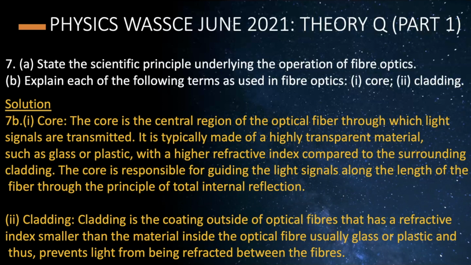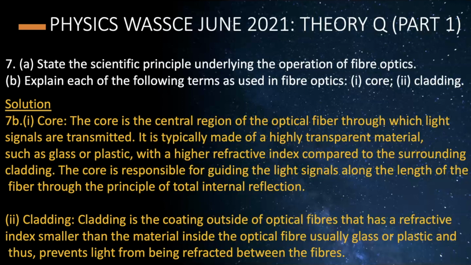In the fiber optic system, the core is usually the central region, and that's where light actually passes through. Most times it's made of glass or any material that has a high refractive index, because you want to make sure that there is that contrast. So a high refractive index material should be used for the core, and a material with low refractive index should be used for the outside, which we will get to as the cladding.